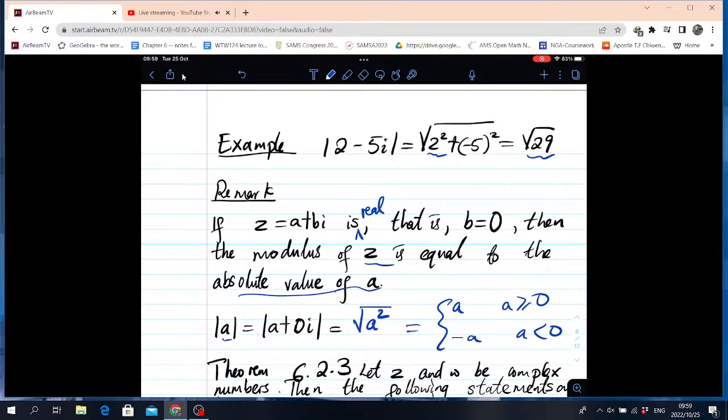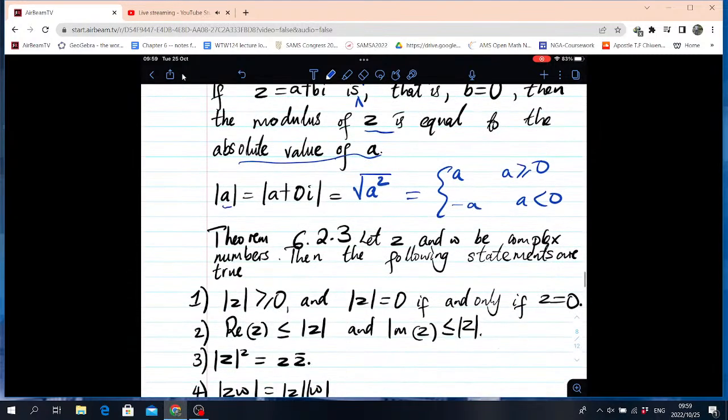Right, now let's look at properties of the modulus of a complex number, and we'll combine all the ideas that we have. We've got theorem 6.2.3, which says let z and w be two complex numbers.